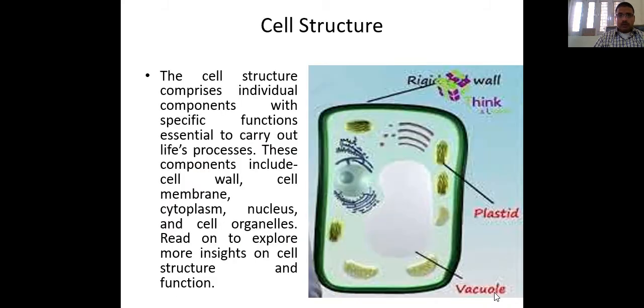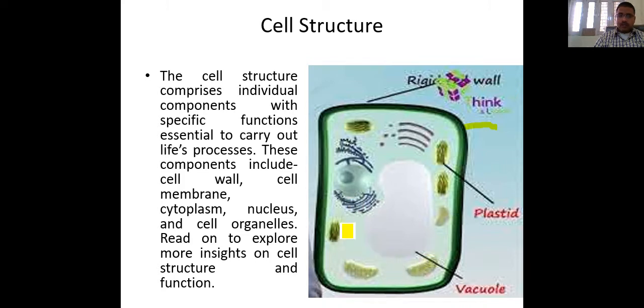This is the cell structure. You can just take a look here. We are talking about the plasma membrane, which is the outer layer. This outer layer basically separates the inner from the outer, and inside the cell there are different kinds of organelles.